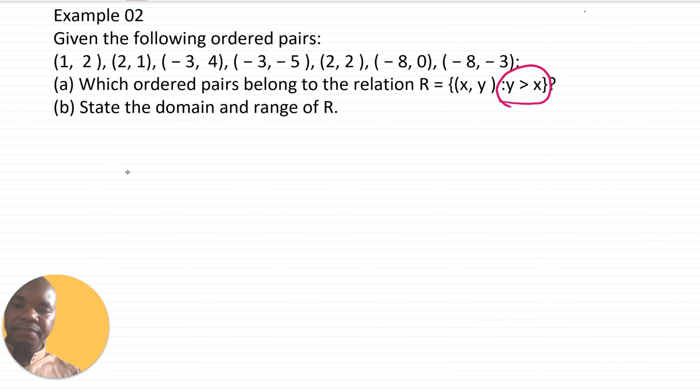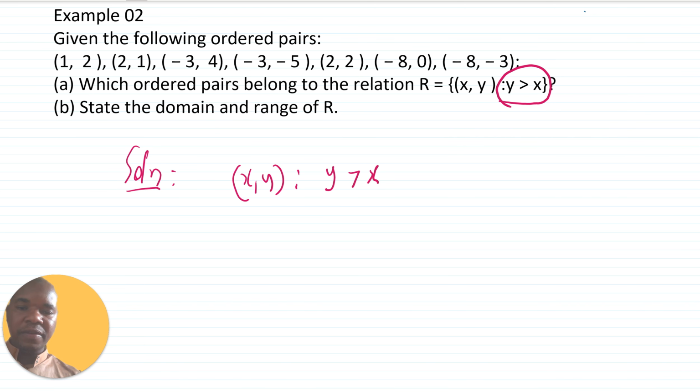Solution. What you check is the ordered pairs, such that y is going to be greater than x.